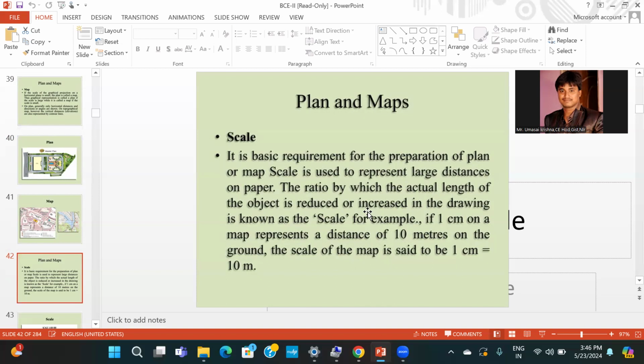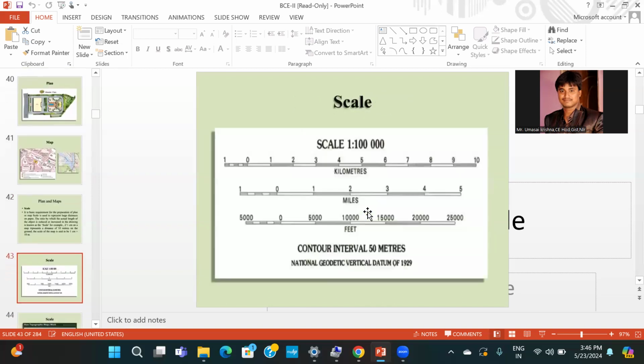So for 10 meters on the ground, we take 1 centimeter on the paper. That is the scale: 1 centimeter on paper represents 10 meters of distance on the ground. So here you can see, this is in kilometers. Actually here it is 10 kilometers we are representing on a scale.